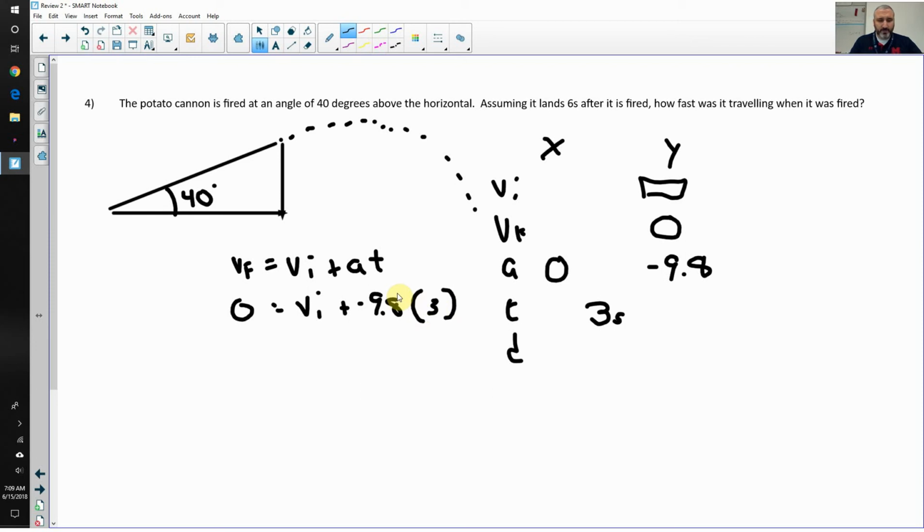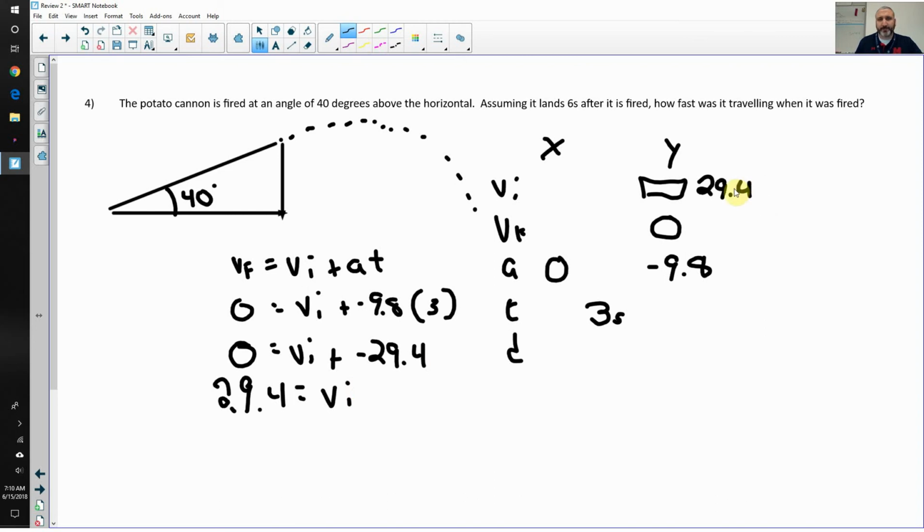So negative 9.8 times 3 is going to be negative 29.4. So 0 equals VI plus negative 29.4. Then we're going to add 29.4 to both sides. 29.4 equals VI. So now I know my y VI is 29.4 meters per second.